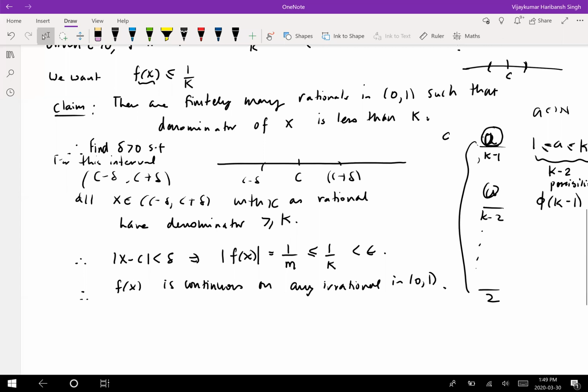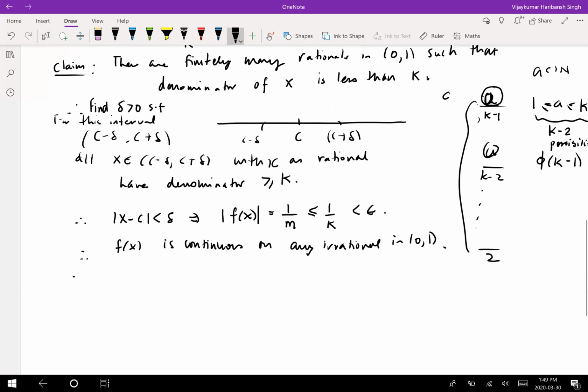Now note that you can have a variation of this and extend this to the whole of R. It will be an interesting exercise for fun.